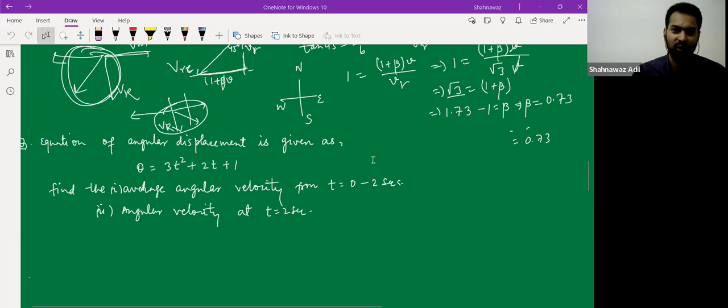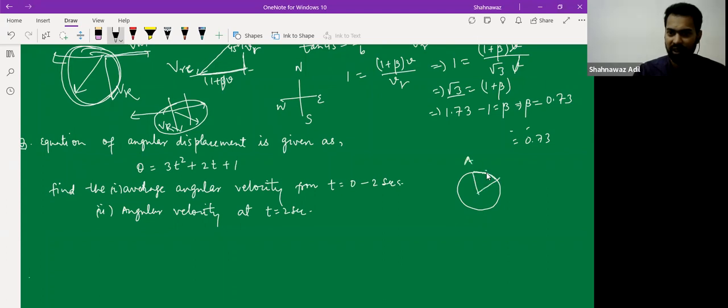So Heather, what was the direction of the angular displacement vector? Do you remember? Let me draw one diagram and you tell me the direction of the angular displacement vector. Let's say I move from here to here.